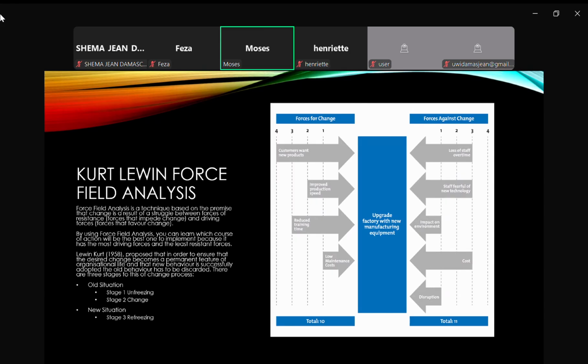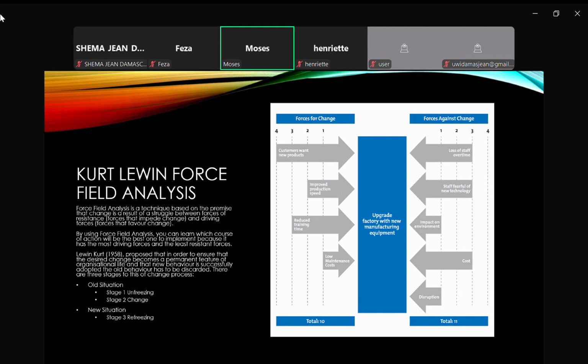Assign a score to each of the factors, the benefits and the disadvantages of the change. When the disadvantages outweigh the advantages, do not change. If the advantages outweigh the disadvantages, then change.